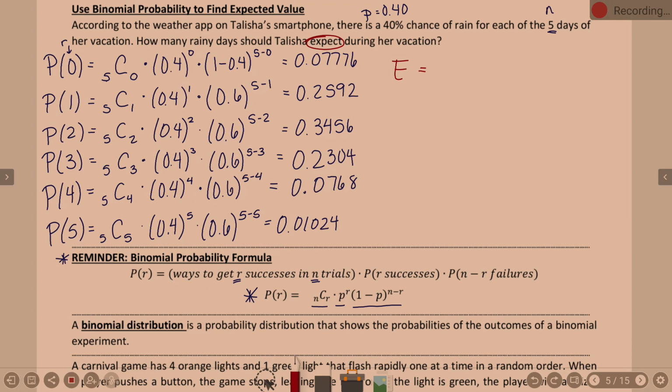Okay, to put this together, what's the probability that 0 days are rainy?